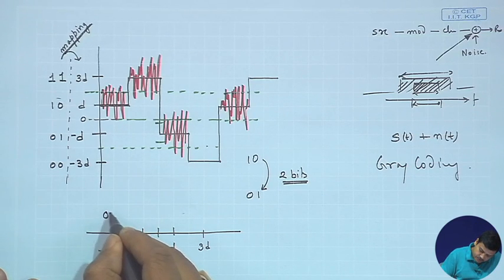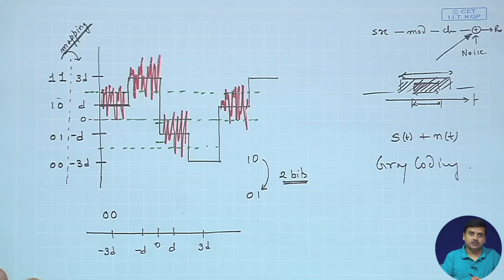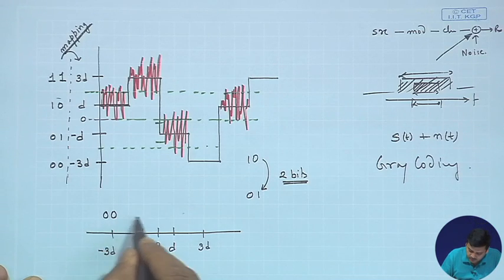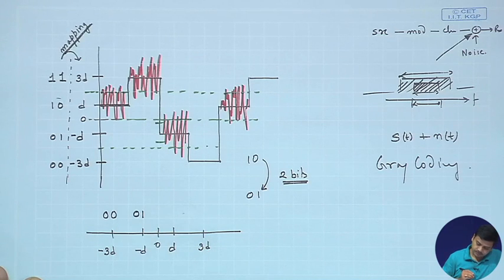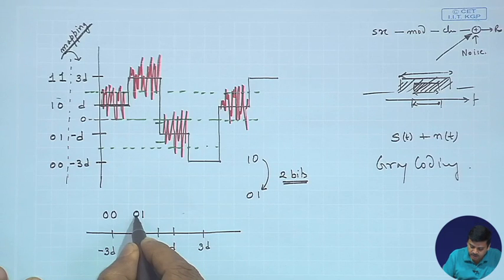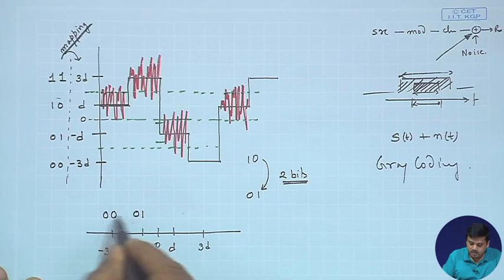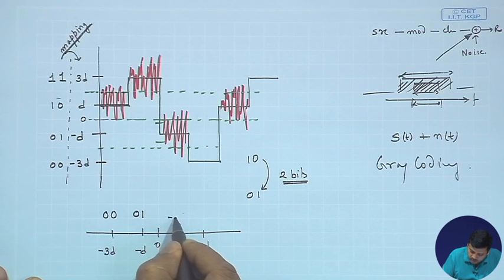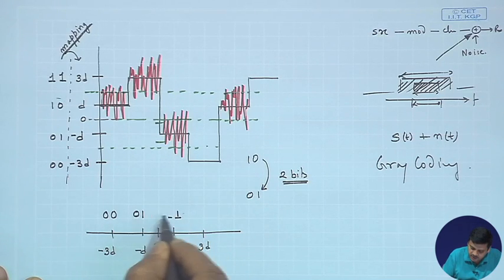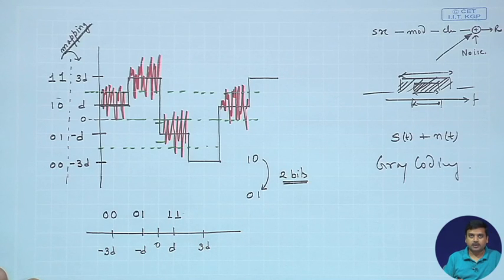Let us put 0 0 into this. Then we need to make 1 bit change. So, let us make 0 1. From minus D to plus D, we can make 1 bit change. So, 0 could remain a 0, this could become a 0. This we already have, so we do not select that option. So, we rather keep one of these two fixed, and this we change to 1, right.